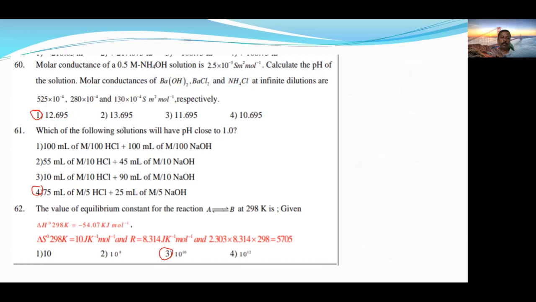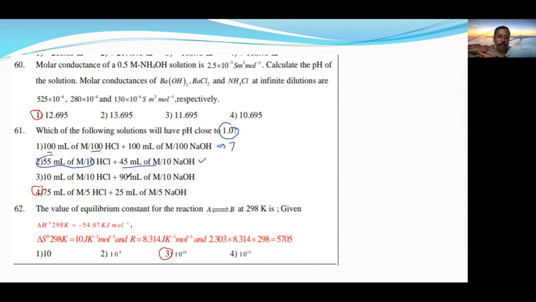Which of the following solutions will have pH close to 1? Close to 1 means a very, very strong acid. So here if you see 100 and 1 by 10, exactly this pH will be 7. Acid should be left over. Here 55 upon 10, 5.5 and 4.5, so it can be, but let us see the strongest part.